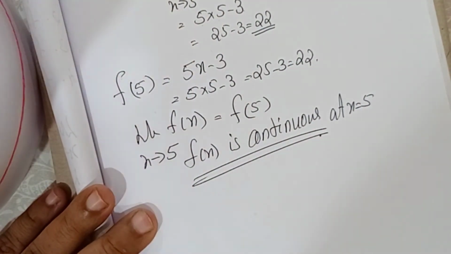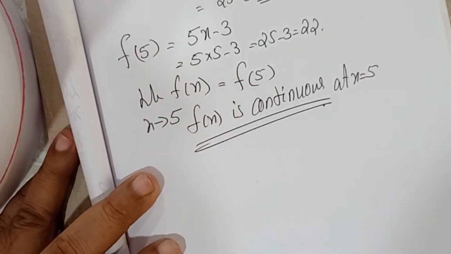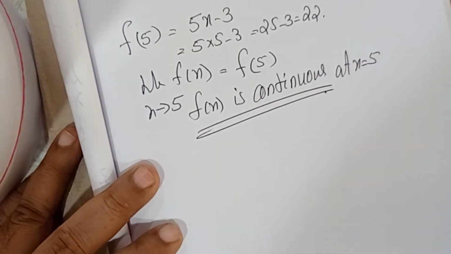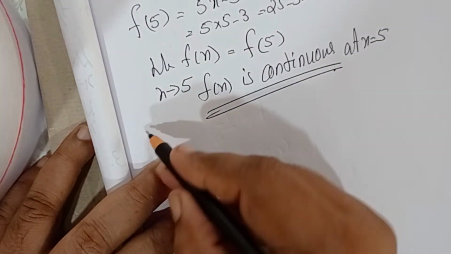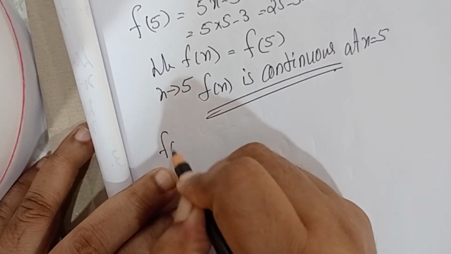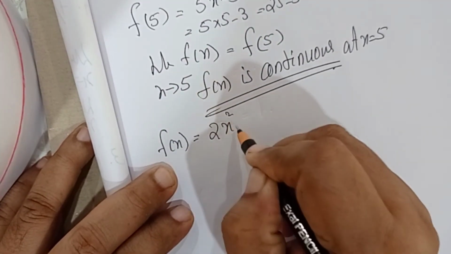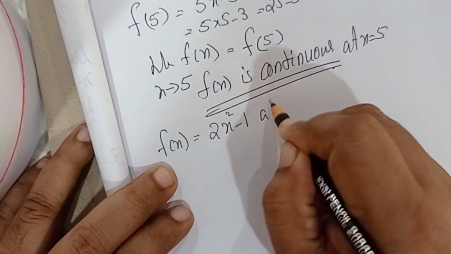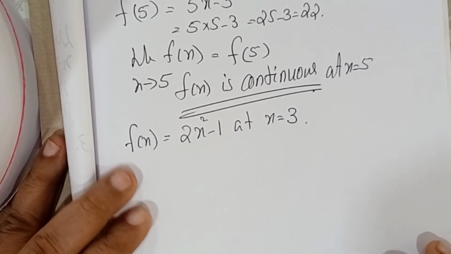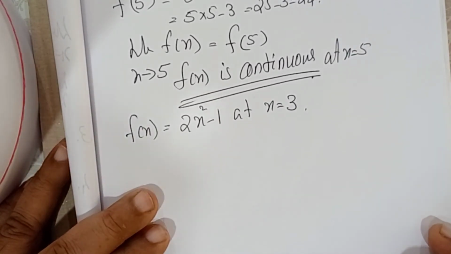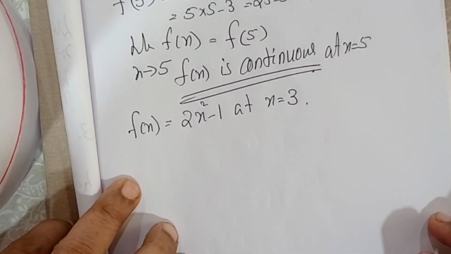Okay, students? Write the next question. Examine the continuity of the function f(x) is equal to 2x square minus 1 at x equal to 3. Start.